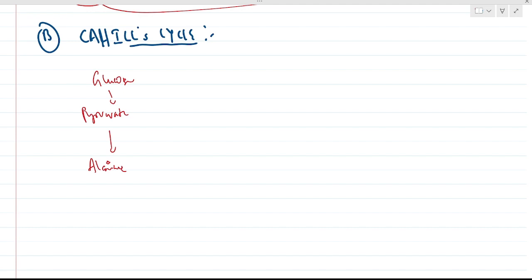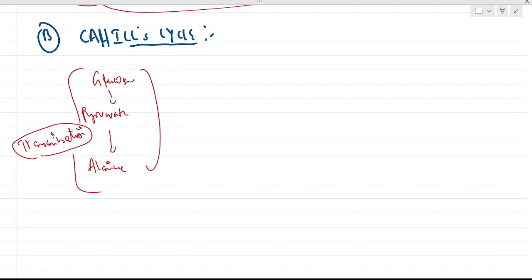This process of pyruvate to alanine is, remember, transamination. We are going to discuss transamination in detail in the amino acid metabolism part. Glucose to pyruvate is converted to alanine by the process of transamination, taking place in skeletal muscle.